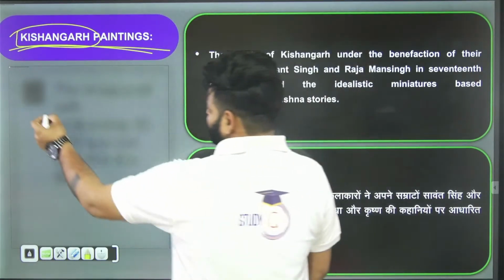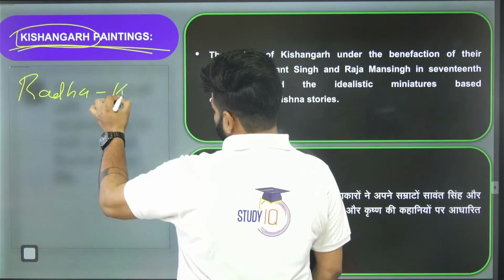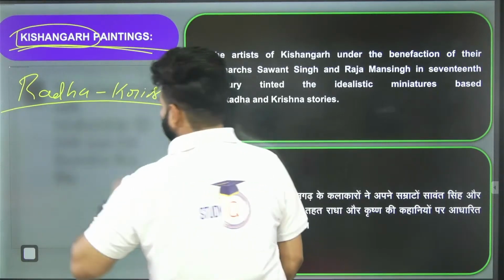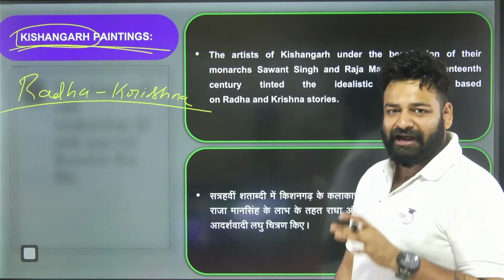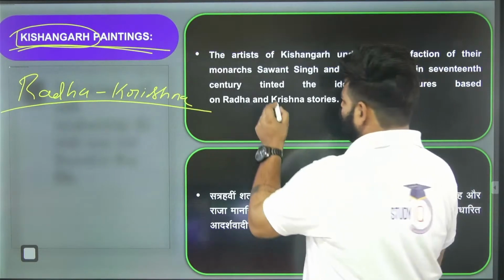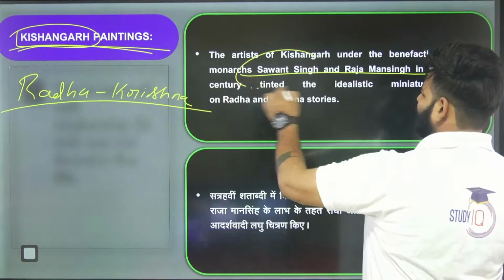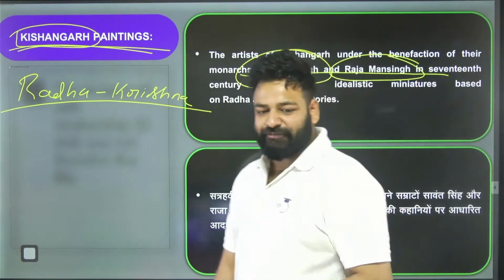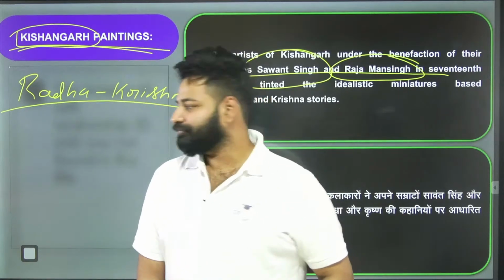So it was the stories related to Radha and Krishna. Okay, as simple as that. Stories of Radha and Krishna. And who were the benefactors? It was Raja Savant Singh and Raja Man Singh, specifically belonging to the area of Kishangarh. Next.